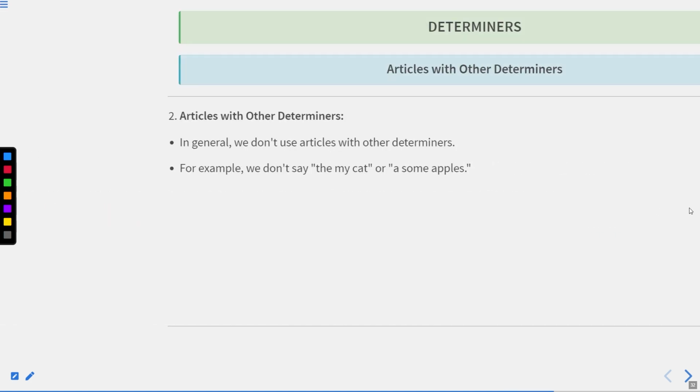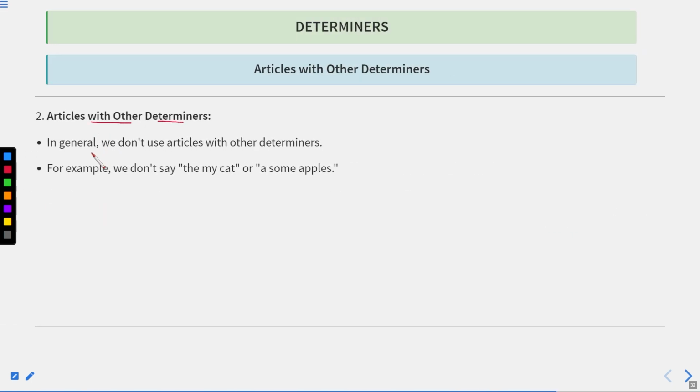Okay. Now, articles with other determiners. In general, we don't use articles with other determiners. For example, we don't say the my cat. Generally, we do not use articles with other determiners. Now here, notice my words that we can use an article before an adjective, but adjectives are not determiners.